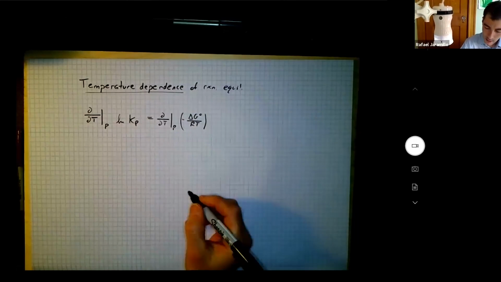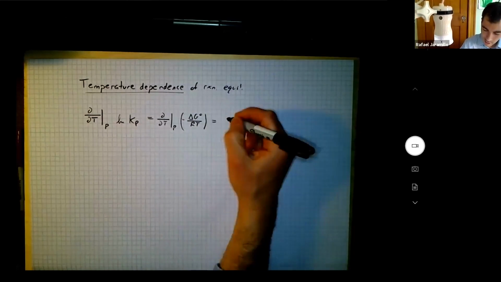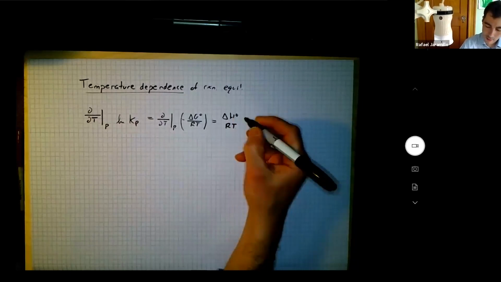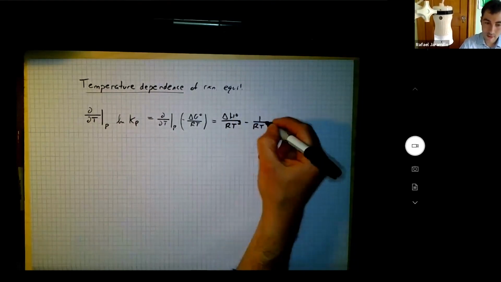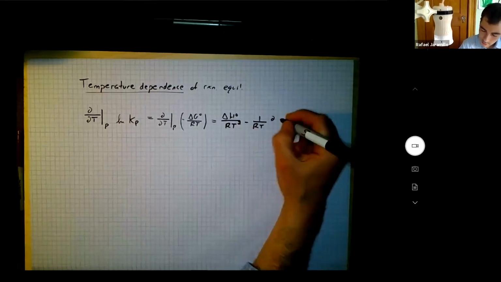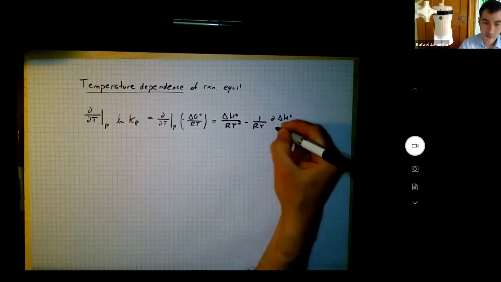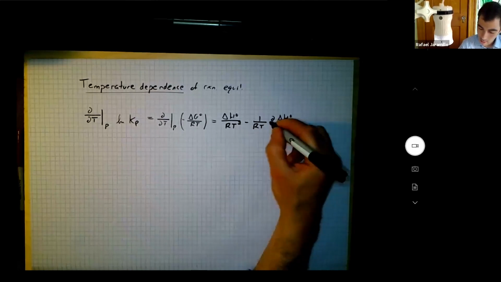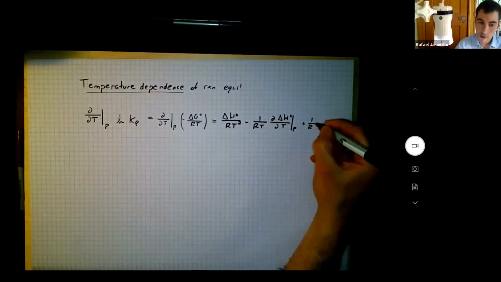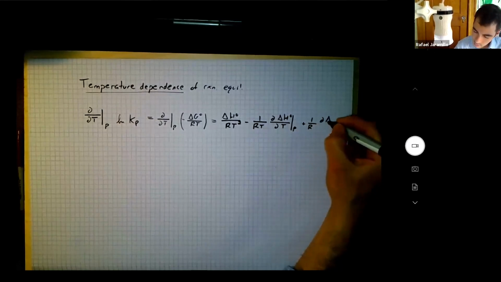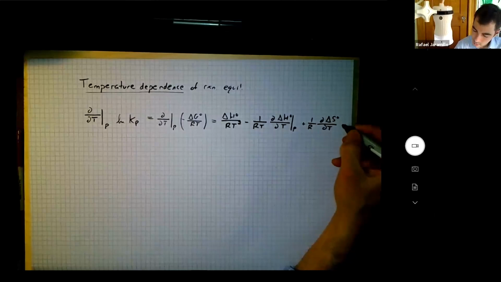Okay. And by chain rule, this equals delta H naught over RT squared minus 1 over RT d delta H naught dT at fixed pressure plus 1 over R d delta S naught dT at fixed pressure.